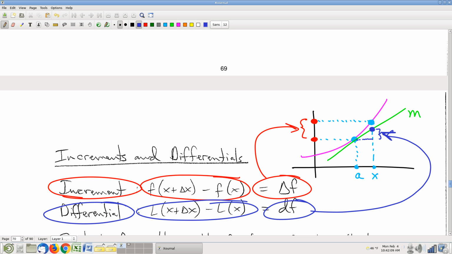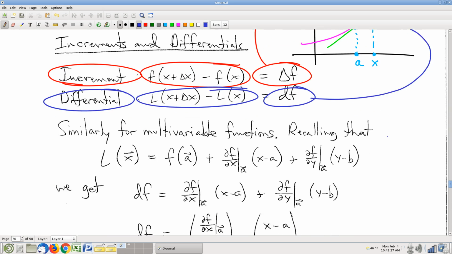Only knowing the derivative at this point, we can't actually compute the increment itself, but the differential is something that we can compute, and depending on the circumstances, it's sometimes a reasonably good estimate. Okay, so this is all Calc 1, and I hope you all remember this stuff. Is everybody on board with that? Okay, so that's the reminder.